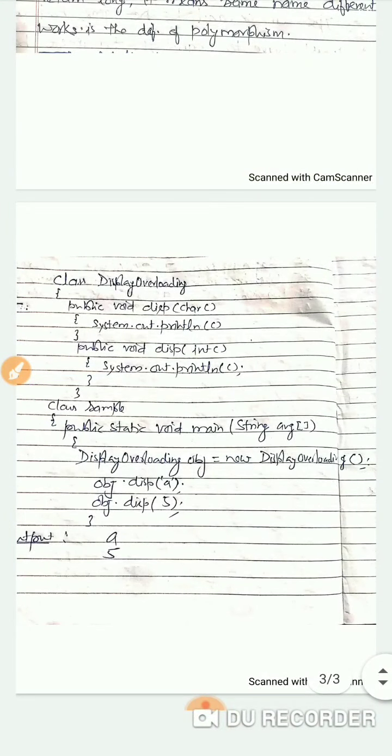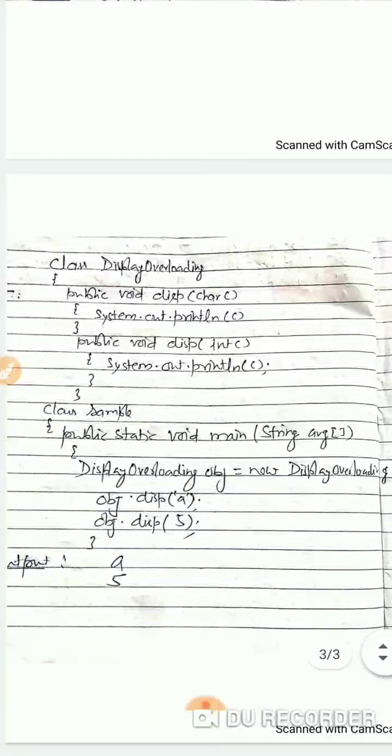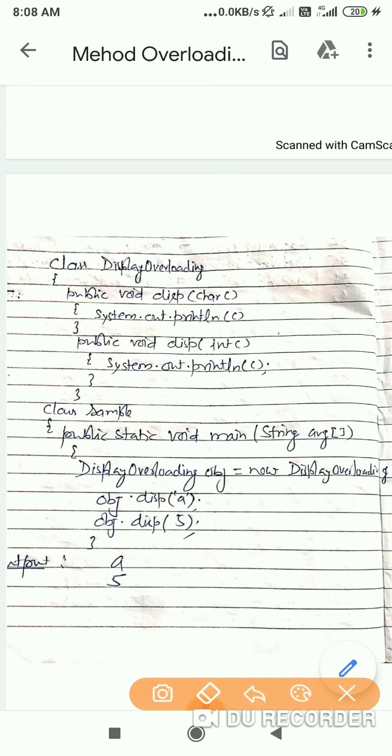Let us take another example. This is a very important example for method overloading. First see the class DisplayOverloading. This class has two methods.